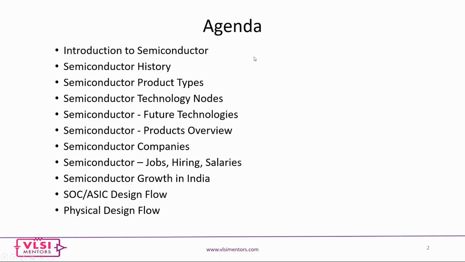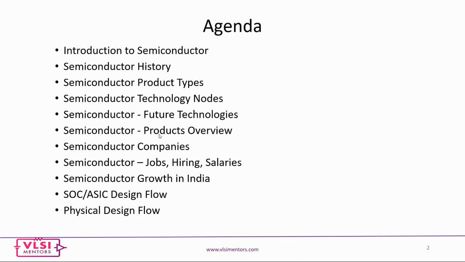So today's agenda is basically an introduction to semiconductors, how the semiconductor industry started and what kind of innovations have happened. So it's basically the semiconductor history, semiconductor product types, and semiconductor technology nodes. What are the technologies that we were using before, what are we using now, and what are the future technologies that we have.